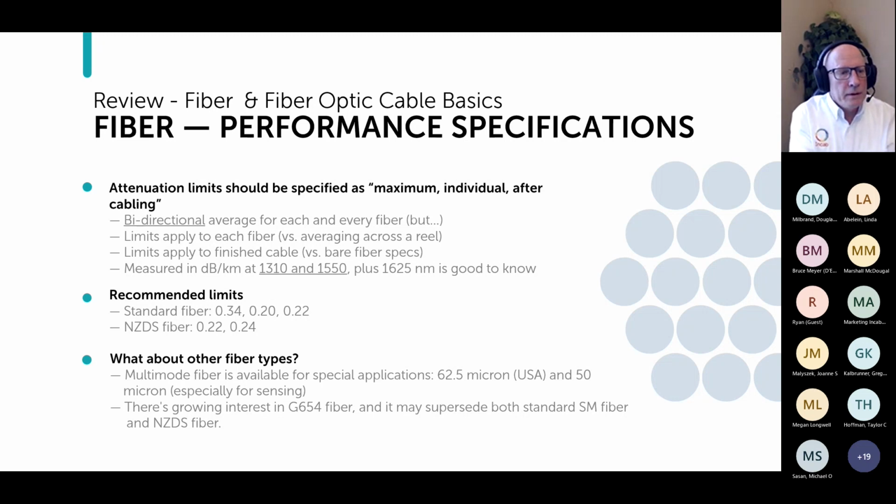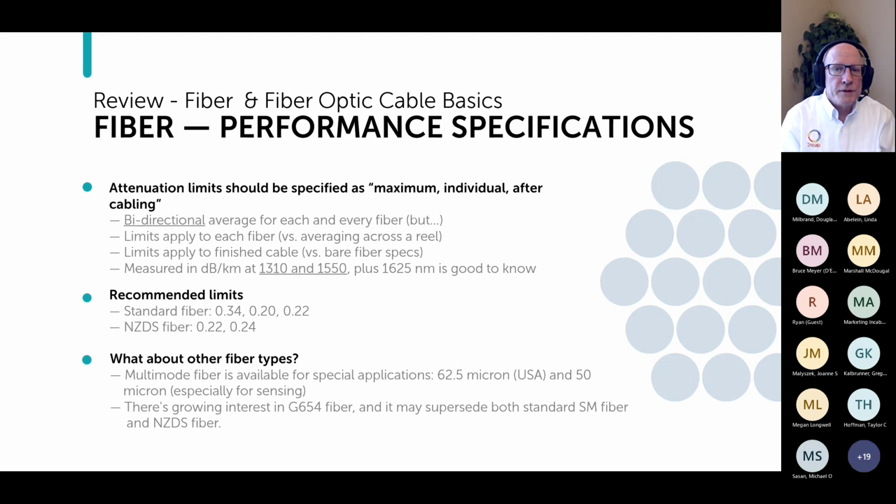Typically, they have to do coloring. Certainly, they have to put it into a tube of some sort, and then that tube has to be taken and put into a cable. So you've typically got 3 processes. Often you have more. And each time you handle that fiber, you could be increasing the attenuation just a little bit.